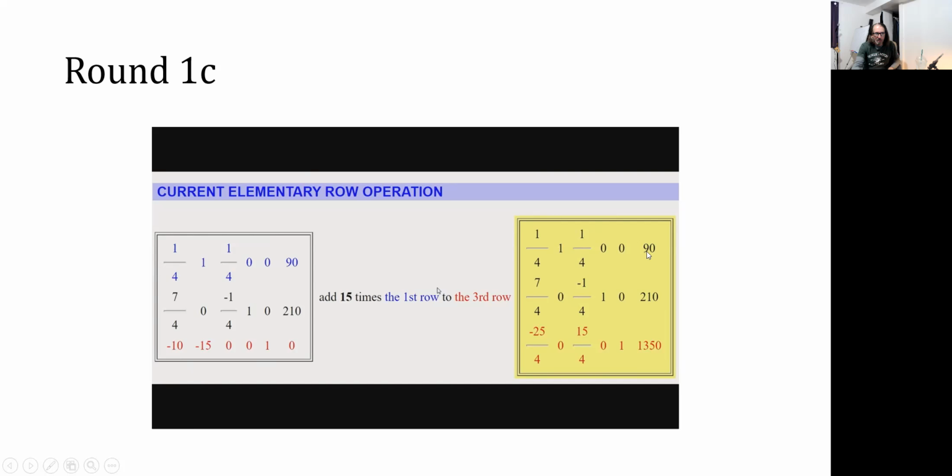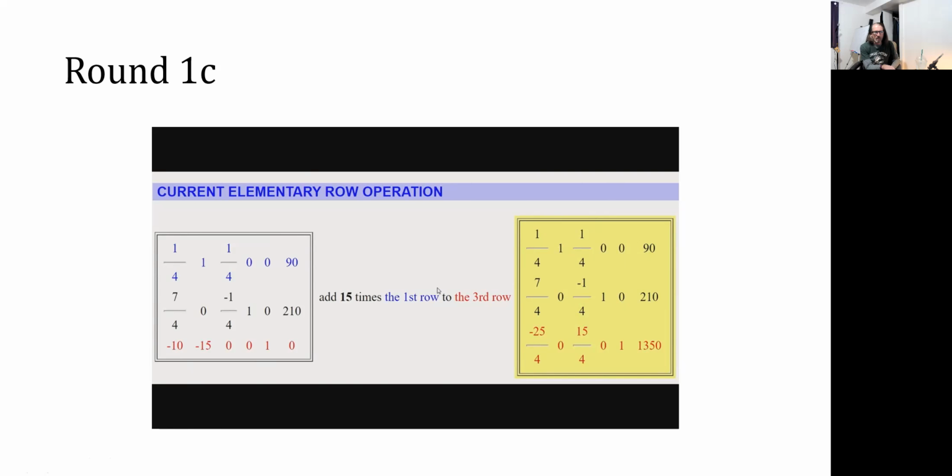Read over to the right-hand side, x sub 2 is 90, but there's still some slack. S sub 2 is 210. The rest of the values, if you don't have a unit column, x sub 1 and s sub 1, are going to equal 0. So far, we've bumped z up from 0 to 1350.